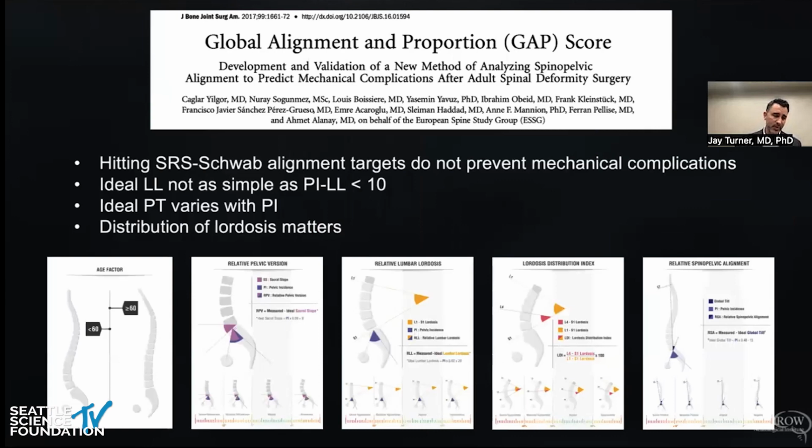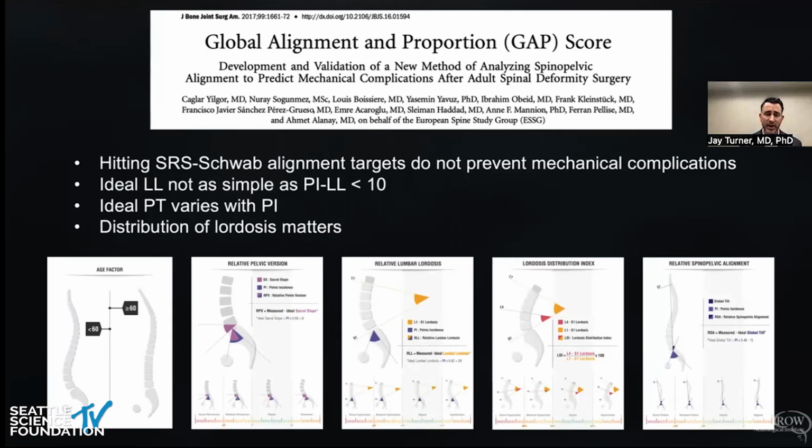There have been other concepts introduced, and this is a different approach introduced by the ESSG in Europe with the GAP score, which really tried to redefine what is normal, still building on the Schwab classification but looking at it a little differently, proposing that the ideal lumbar lordosis is not as simple as PI minus LL, but is governed by a different type of equation that's dependent on PI.